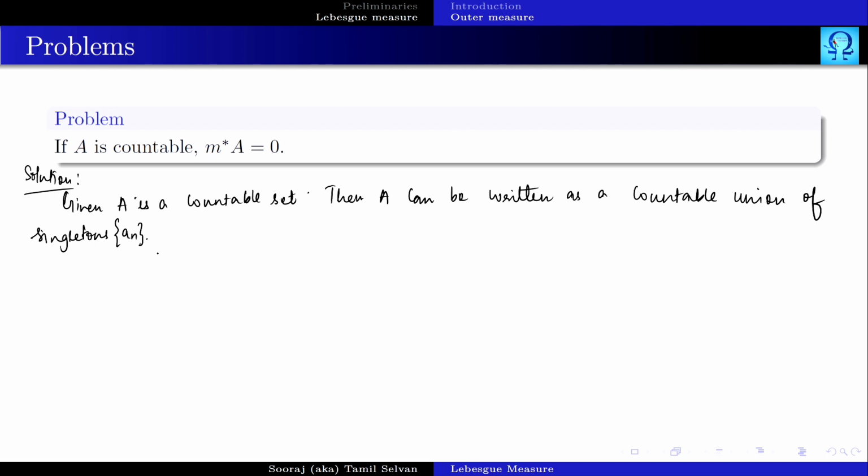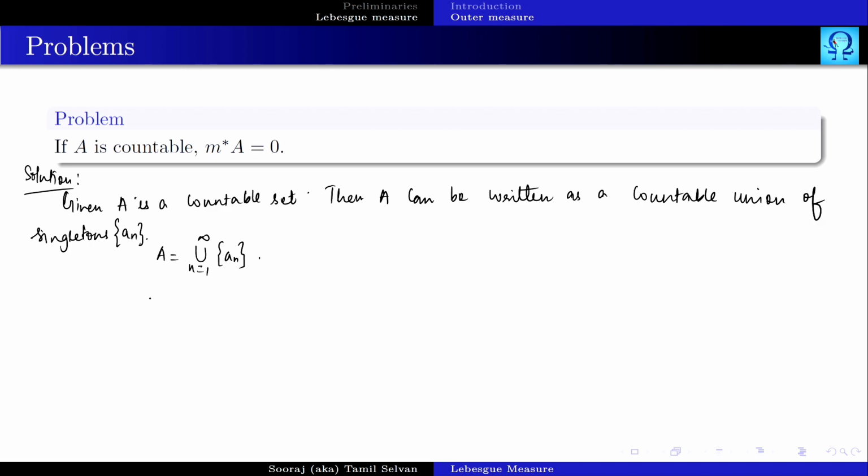That is, A can be written as the union for n from 1 to infinity of A_n. So I am just making the union of these singletons and I make this A a countable set. We have just made use of the fact that a countable union of countable sets is countable. Here a singleton is basically a finite set, so this union is of course a countable one. So we write it this way.